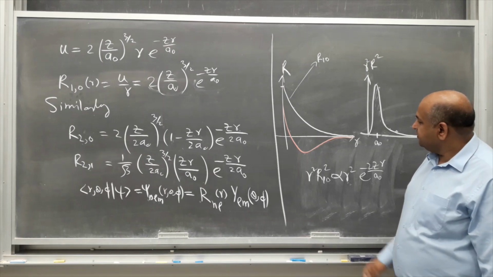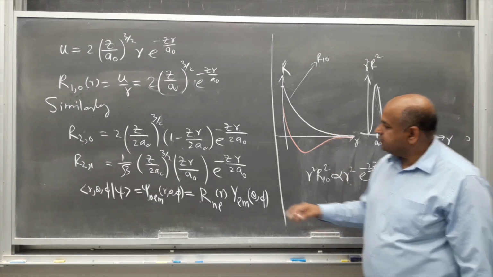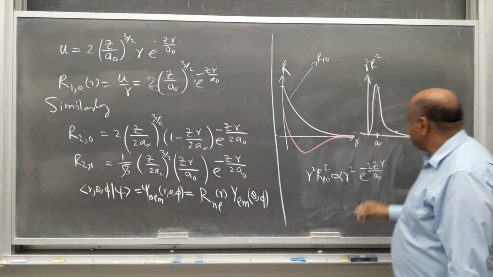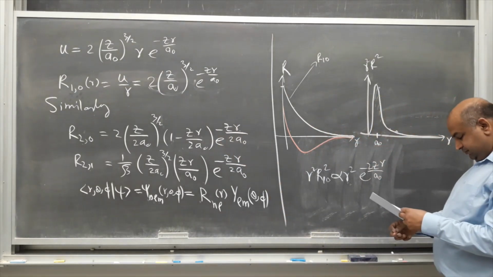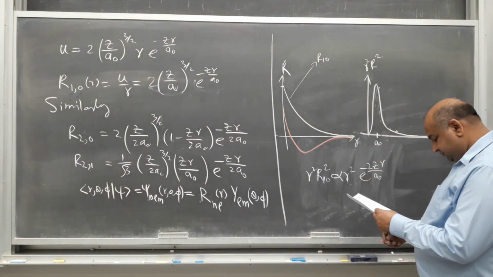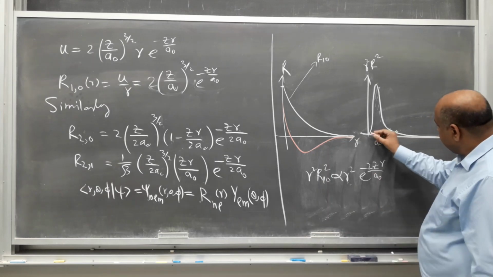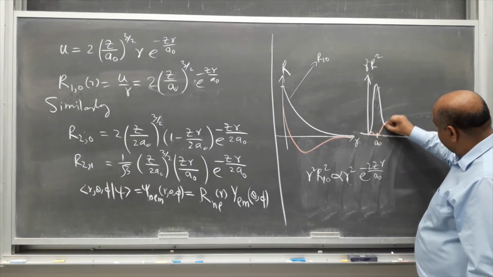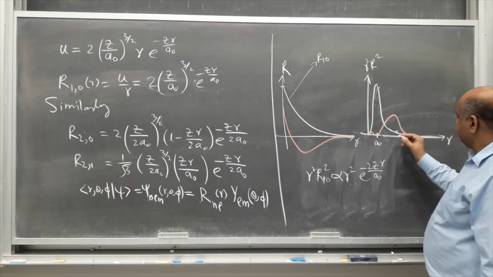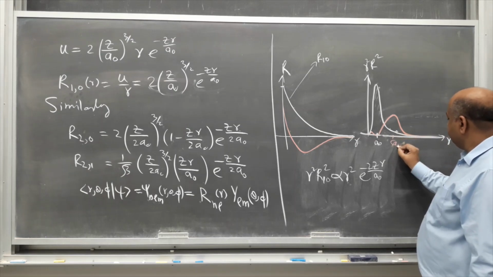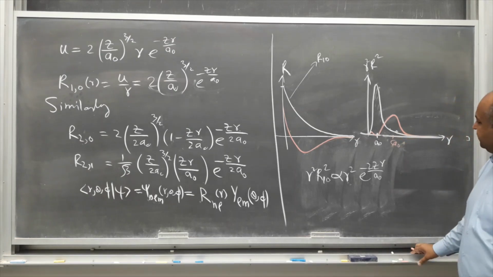And if I plot its r square into this function, it's something like this. So it's peaking somewhere around 5 times a0.